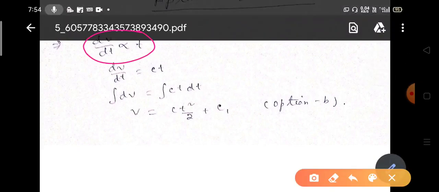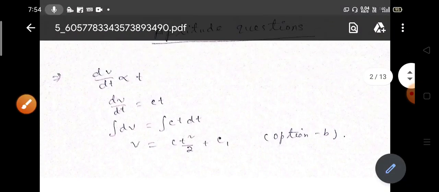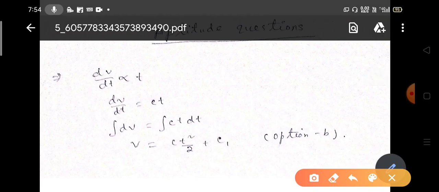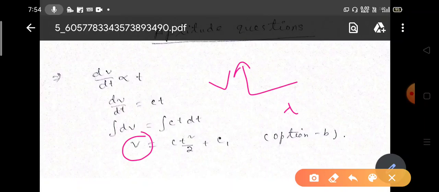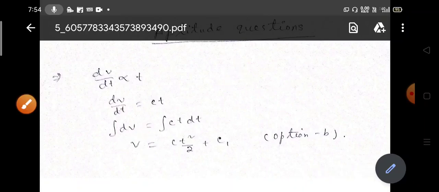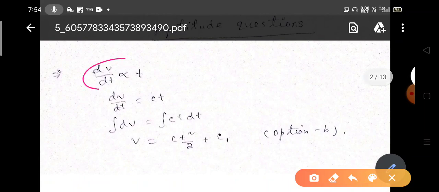So we are given that dV/dt is proportional to time, and we have to find out the variation of V with respect to t. So if we find out V in terms of t, then we can easily plot the function. So for that we need to simplify this. That is dV/dt equals c into t, where c is the constant term.